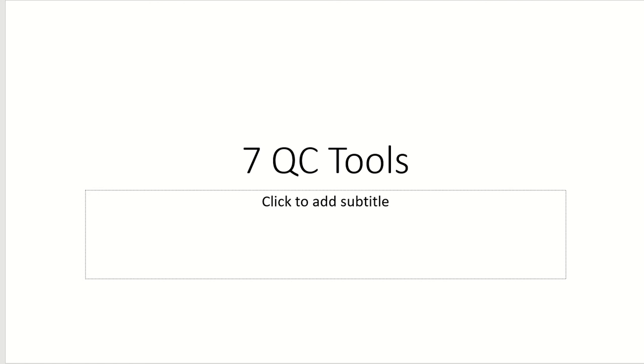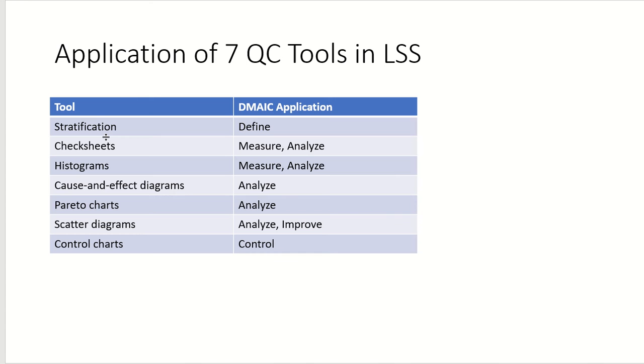These QC tools were the first tools developed to improve the process, and they are used in Lean and Six Sigma, in any quality improvement initiatives. The framework of Lean Six Sigma is DMAIC, di ba? Define, measure, analyze, improve, then you control.